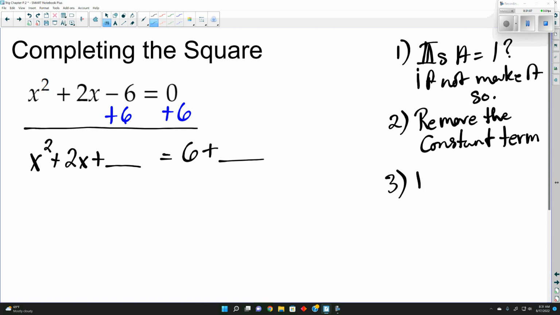Step 3, find c, because we want to find our new constant term. What we're trying to do in completing the square is to rewrite this quadratic as a set of parentheses squared. That's the whole goal, essentially getting it to a point where we can use the square root method to solve for quadratics.